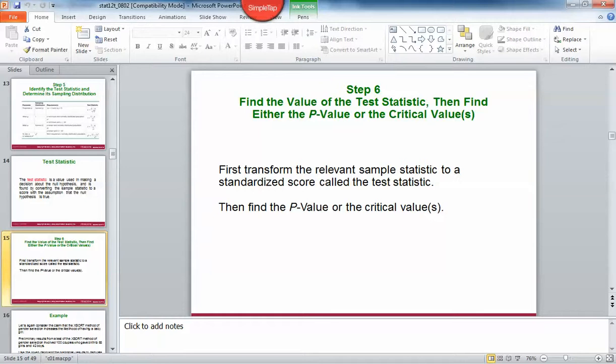Once we know the null and alternate hypothesis, once we have figured out the significance level and we've calculated our test statistic, then we have one of two different ways to go. There's a critical value way, which is the more classical approach, and there's a p-value way.